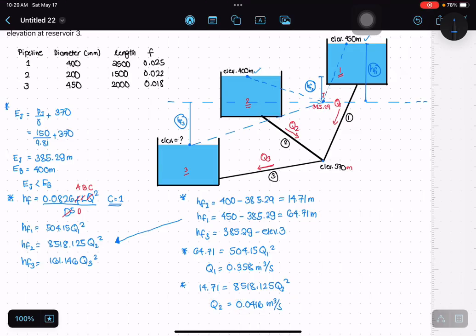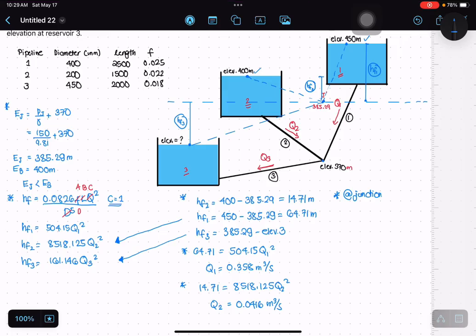How about Q3? Since hindi natin ma-equate to diretso dito kasi magiging dalawang unknown, elevation 3 and Q3, ang kailangan muna natin is ma-solve yung Q3. To do that, remember, at the junction, makakabuo tayo ng equation as long as we know the direction of the flow.